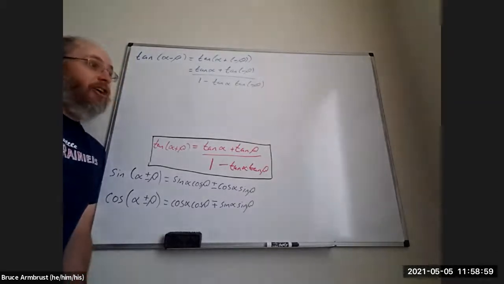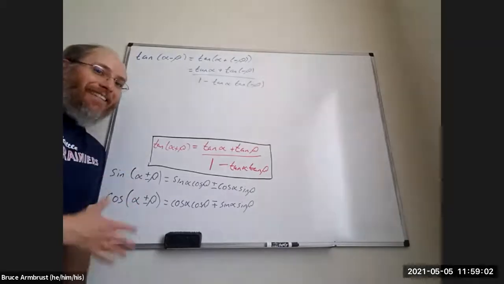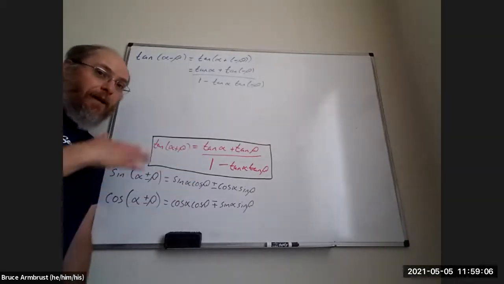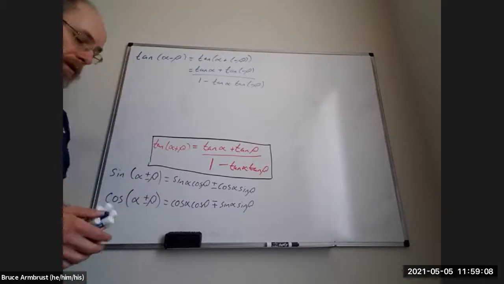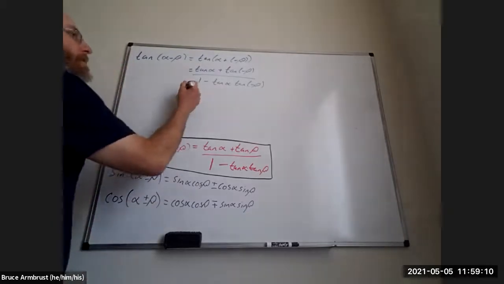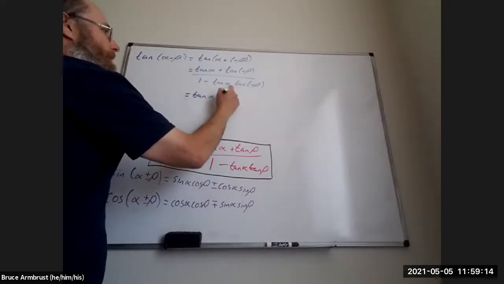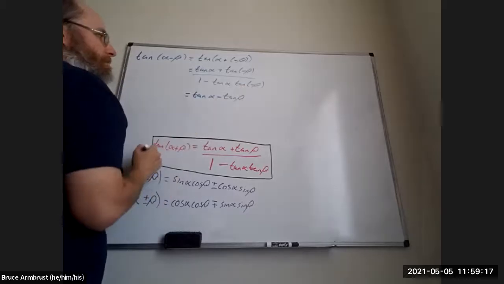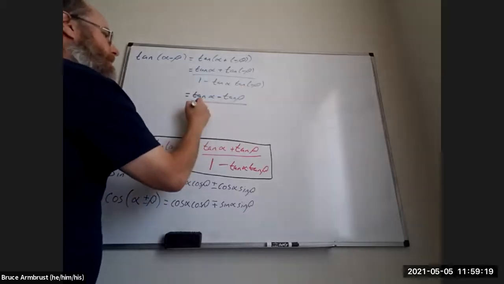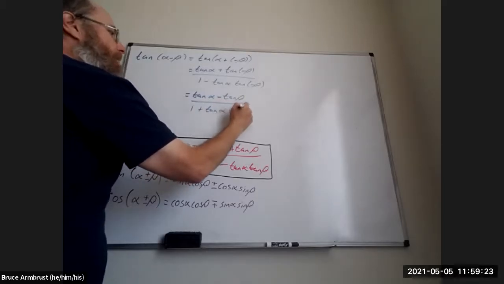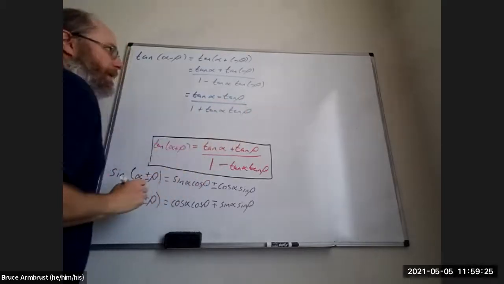So tangent is odd, which means we're going to do exactly the same thing we did with sine. The minus signs have to come out front. So that's going to turn this into tangent of alpha minus tangent of beta divided by 1 plus tangent of alpha times tangent of beta.